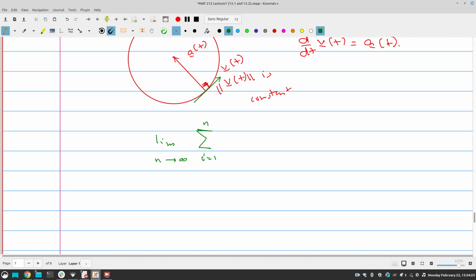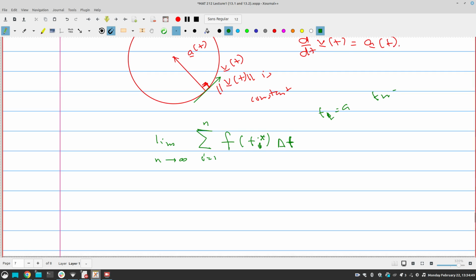You have a function f, which you evaluate at the point t i star times delta t. Let's say the starting t0 is equal to a, and tn is equal to b. So delta t equals b minus a over n. This is what is known as a Riemann sum.